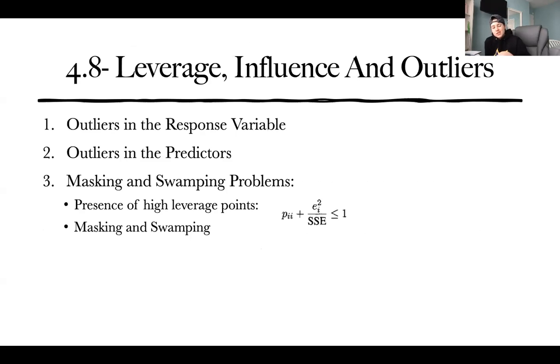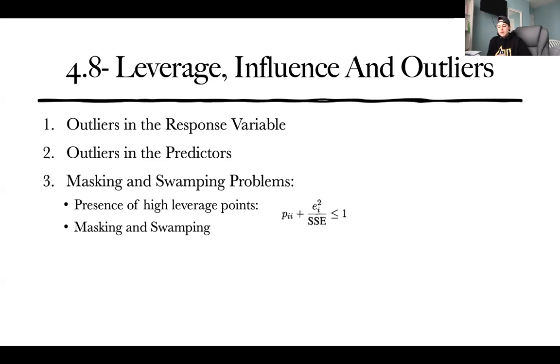Right, so we're going to move on to section 4.8, which is going to talk about leverage, influence, and outliers. We need to make sure that the fit is not overly determined by one or a few observations. This is not possible to detect with several variables, so we do need one variable in order to detect these things.